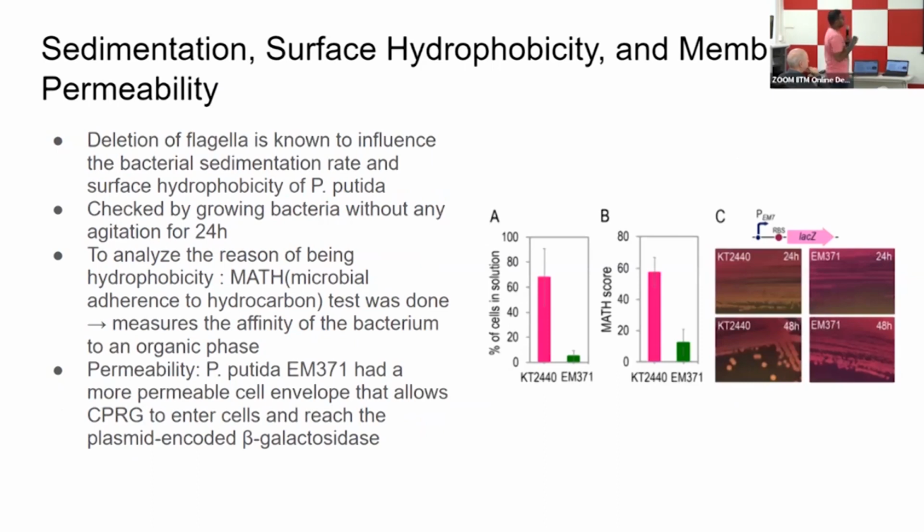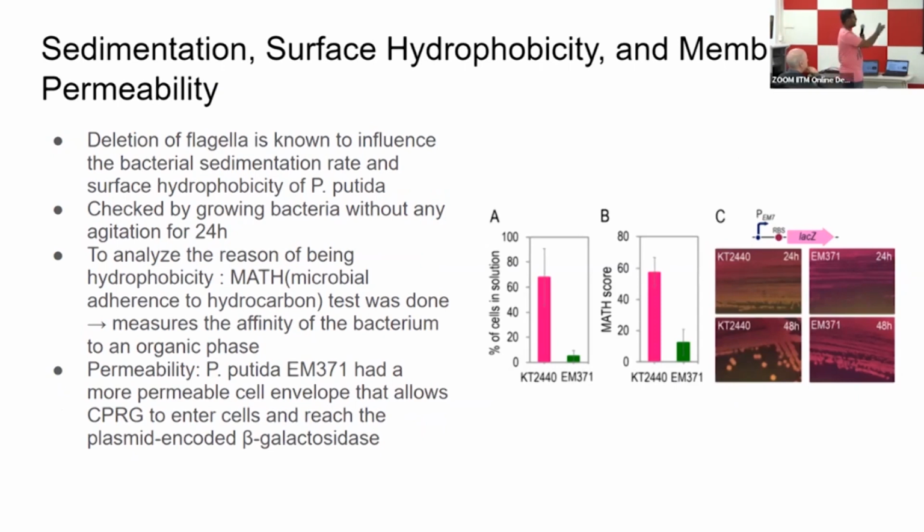They checked sedimentation, surface hydrophobicity, and membrane permeability properties. They wanted to check if deletion of flagella is responsible for any sedimentation. As the parent strain has flagella, it can move and swim. But as the modified strain doesn't move, it sediments on the bottom of the flask.